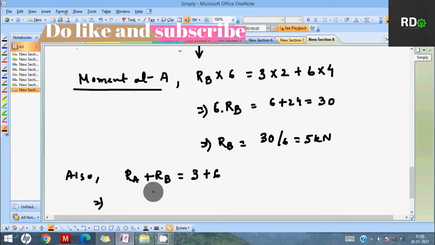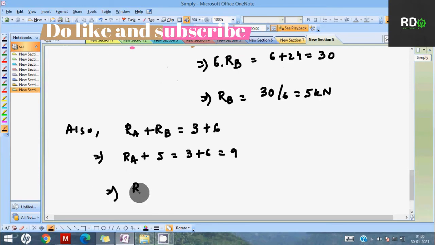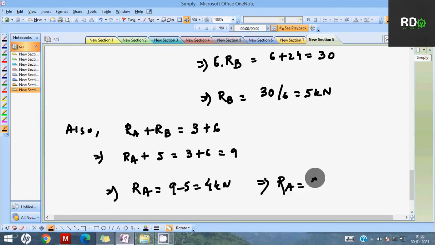So RA plus RB equals 3 plus 6, which is 9. Your RA is 9 minus 5, which is 4 kilonewton. So RB is 5 kilonewton and RA is 4 kilonewton.